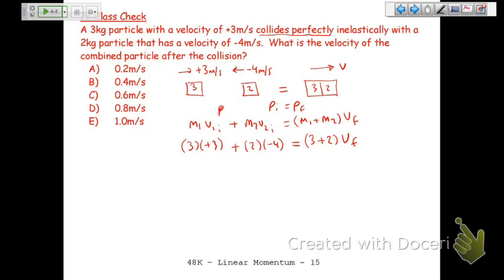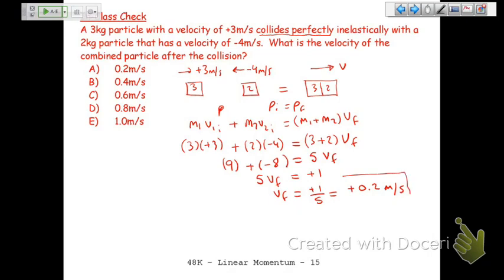So that's going to be 9 added to minus 8 is equal to 5 V final. So 5 V final is equal to 9 plus minus 8, which is plus 1. So V final is equal to plus 1 over 5, which equals plus 0.2 meters per second.